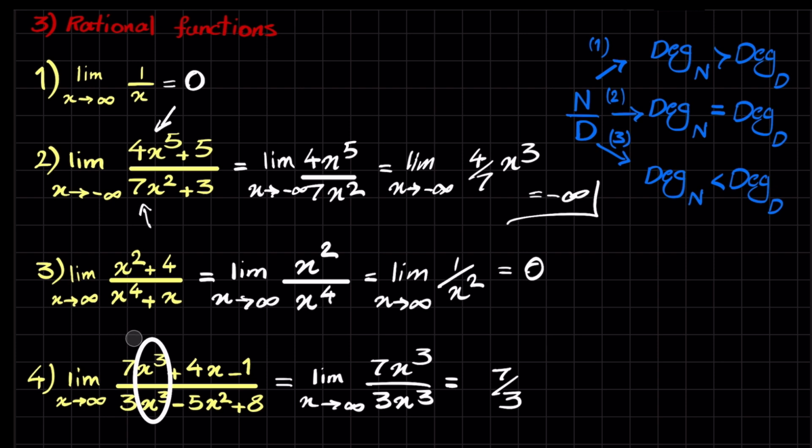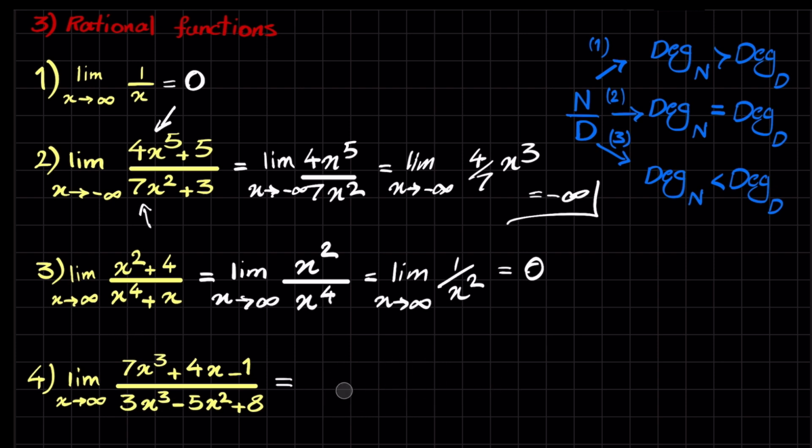So let's take a look at this. What's the main reason that we're just writing down the highest terms? Because we never explained it. For this one, let's say that we could divide all of the terms in the numerator and the denominator by the highest term.